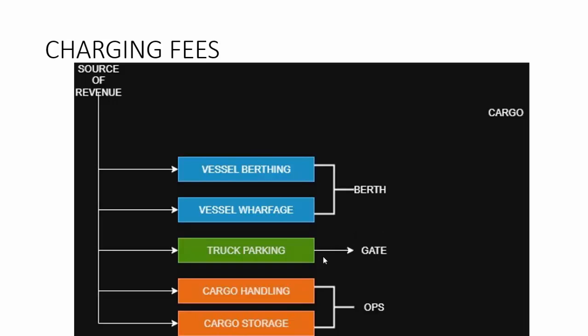So we're going to see different sources of revenue. The sources are divided into 5 parts. The vessels pay 2 types of charges. One is berthing, another is wharfage.